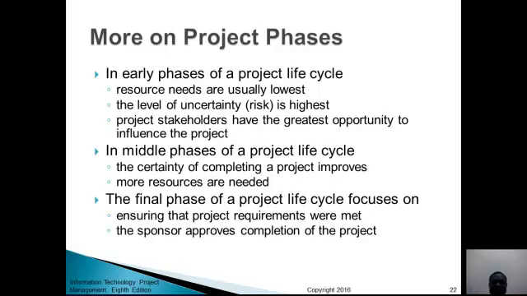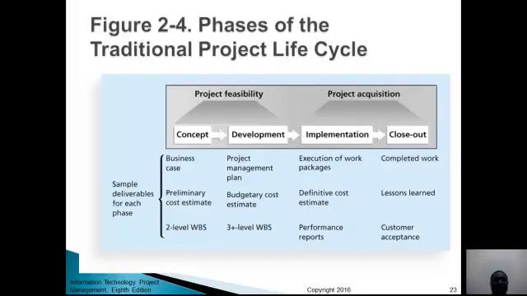The sponsor approves completion of the project. So at the final stages, that is when you go to testing and know that we set out to complete this project, and the outcome meets the objectives that we set out. And therefore, you can now approve and then hand over. That's the final phase of a project life cycle.